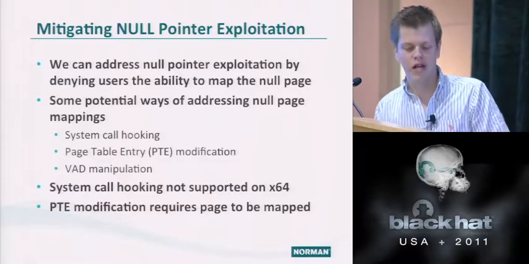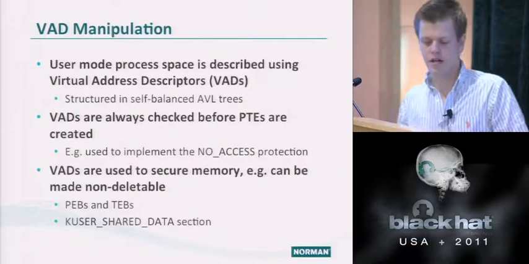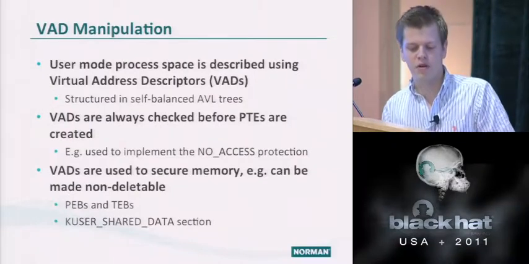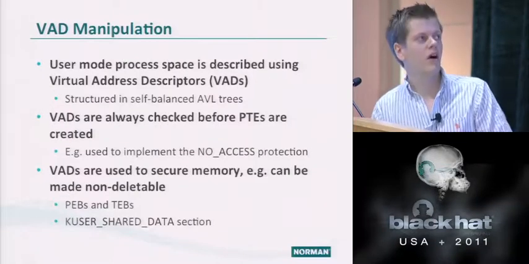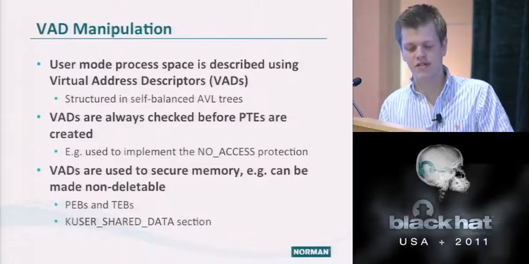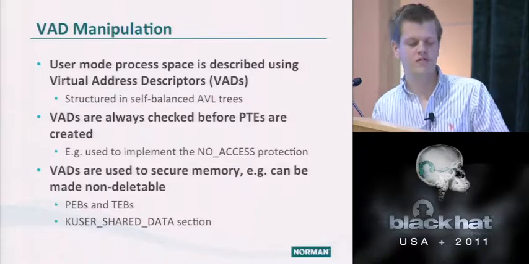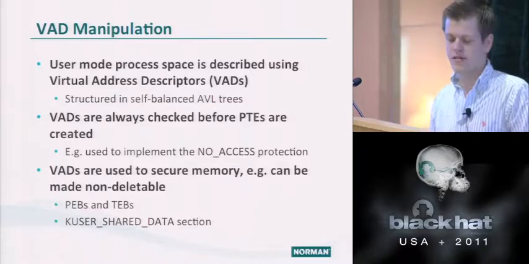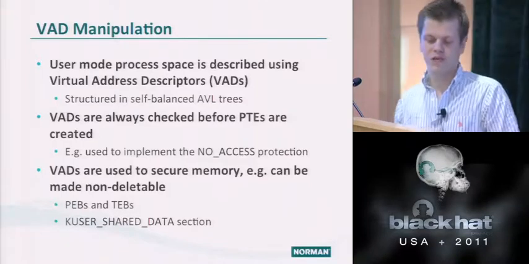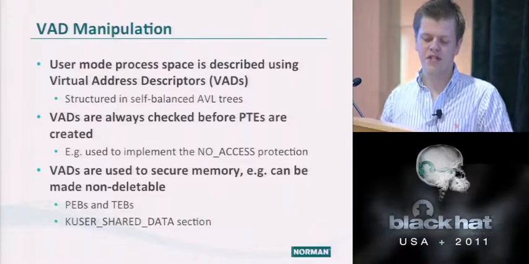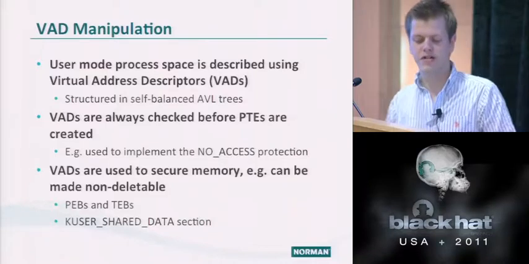So we'll look at the VAD manipulation part. The user mode process space is described by the virtual address descriptors, and these are structured in self-balanced trees, which are binary trees. What's neat about VADs is that they're always checked before a page table entry is created.